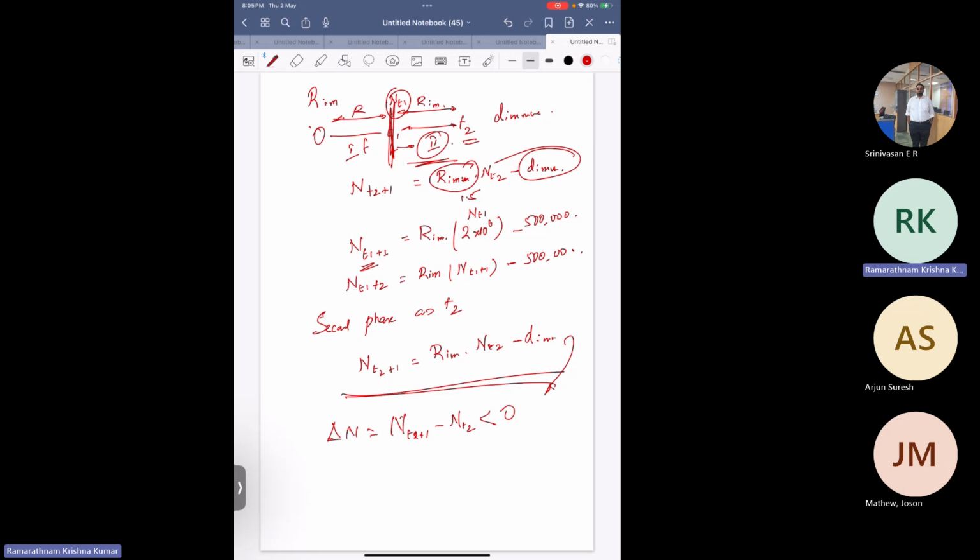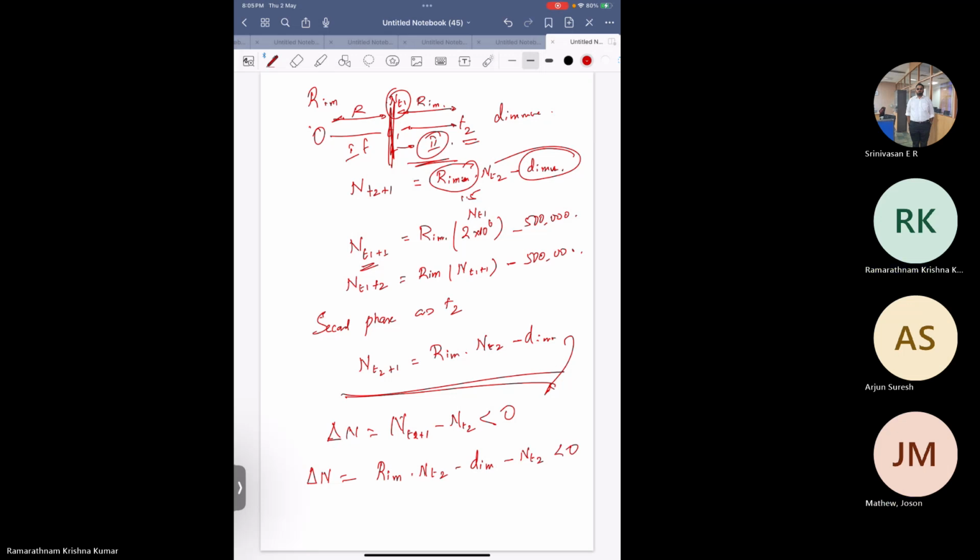Substituting here. Write down, so what is delta N? What is this, first step? R immune times N(T2) minus D immune, minus N(T2), less than 0, right?